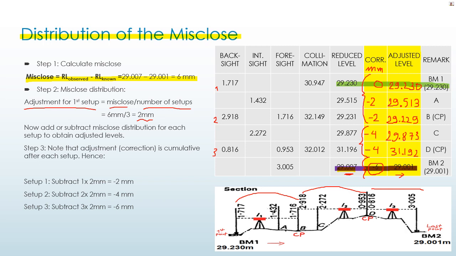That's how we do the correction after you know the misclose and you check the allowable misclose. Then bring all of the reduced levels over here to the adjusted reduced level by doing the correction.